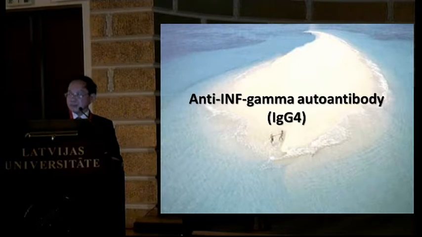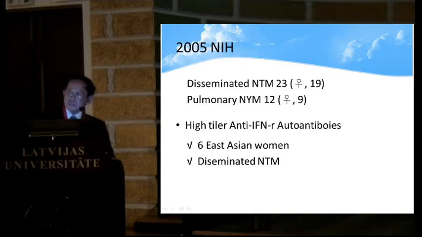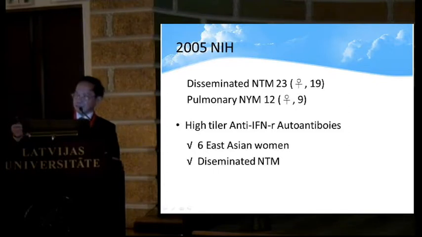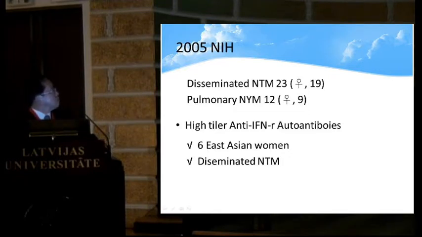Subtypes of IgG make some difference. 1 year later, because this was in Europe, a single case, a lady from Thailand, from Asia, in the NIH in the United States, they discussed two groups of patients, altogether about 35 patients, and they all have non-tuberculous mycobacteria, NTM. The first group was disseminated, meaning multi-organ involvement. And the other group is just the lung.